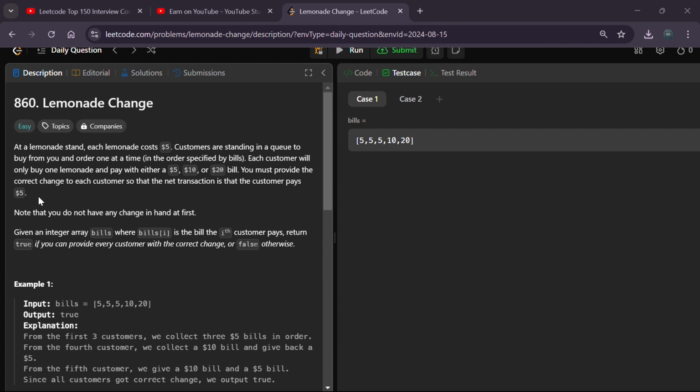Each customer will buy only one lemonade. So there are n customers in a line, and the cost is $5 for a lemonade.